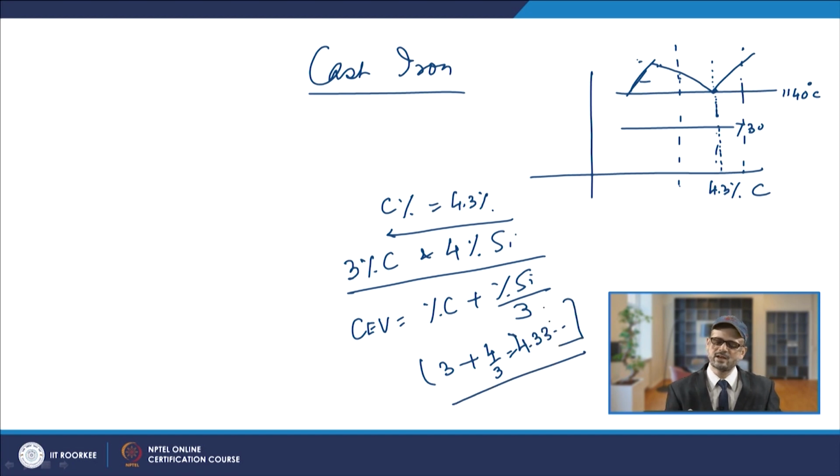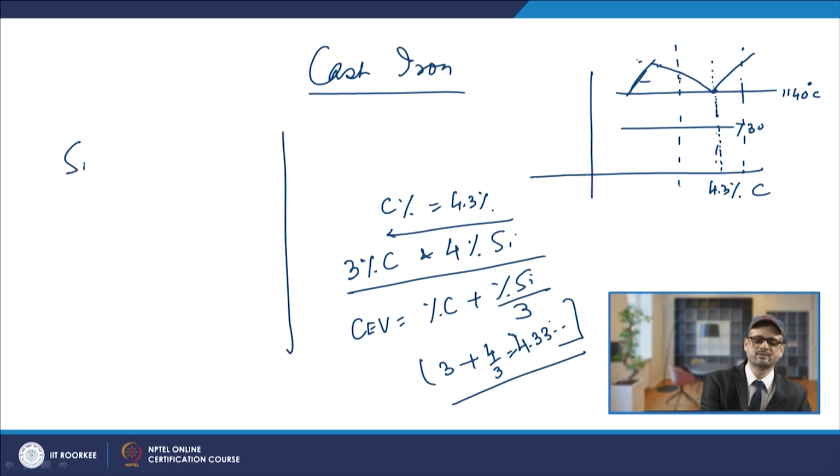It becomes the same value of carbon for which, without any alloying elements, you get the eutectic composition. Similarly, it is the case with other alloying elements also, and the two most important elements affecting the carbon equivalent value in cast iron are silicon and phosphorus. Phosphorus also has a similar contribution as that of silicon.